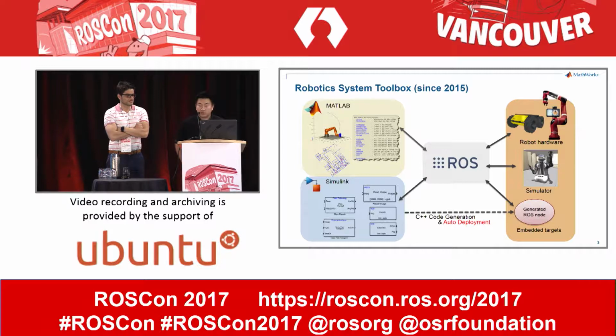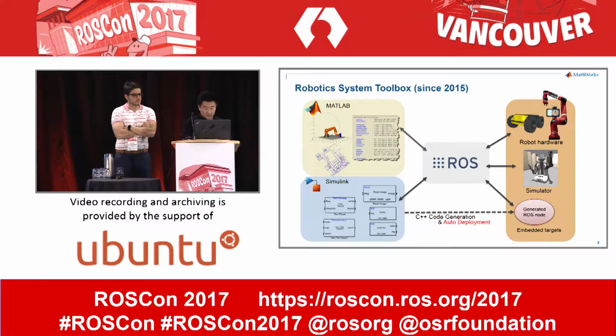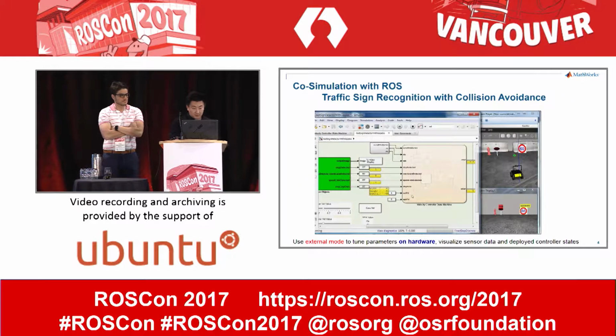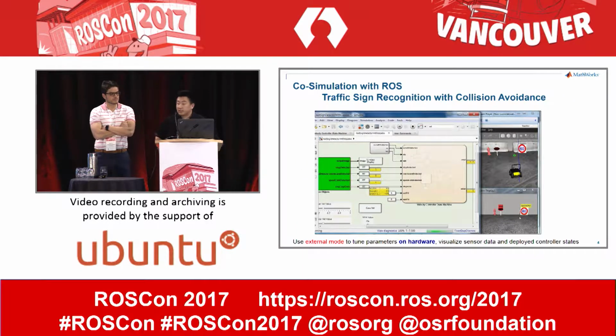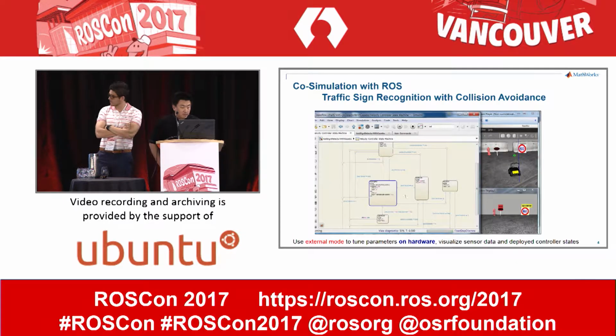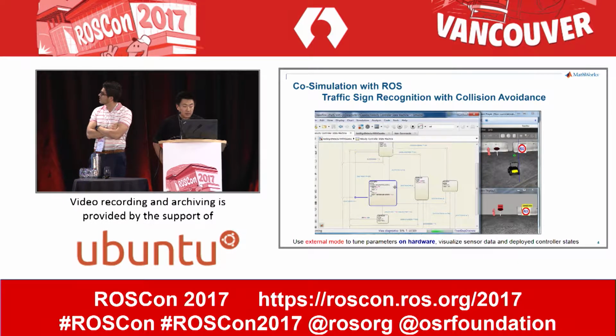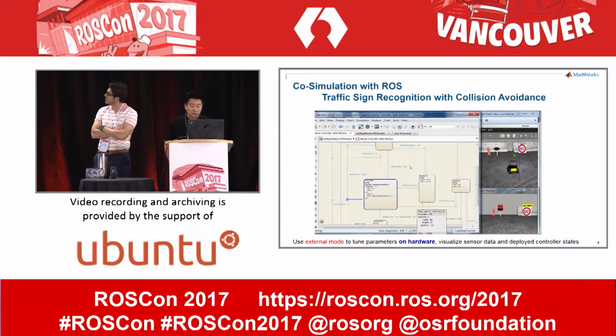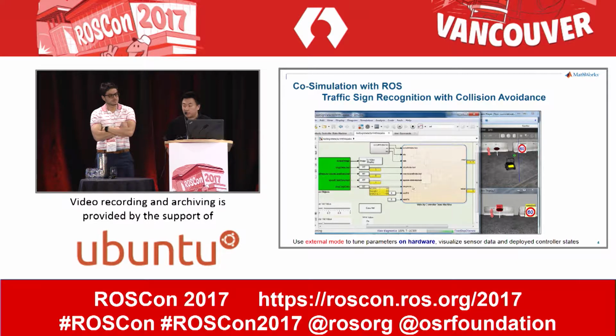You can also generate code for standalone ROS nodes and automatically deploy them to embedded targets. And as one of the latest features, in Simulink you can now use the so-called external mode to tune the generated ROS node in situ, basically while the node is still running on the hardware.